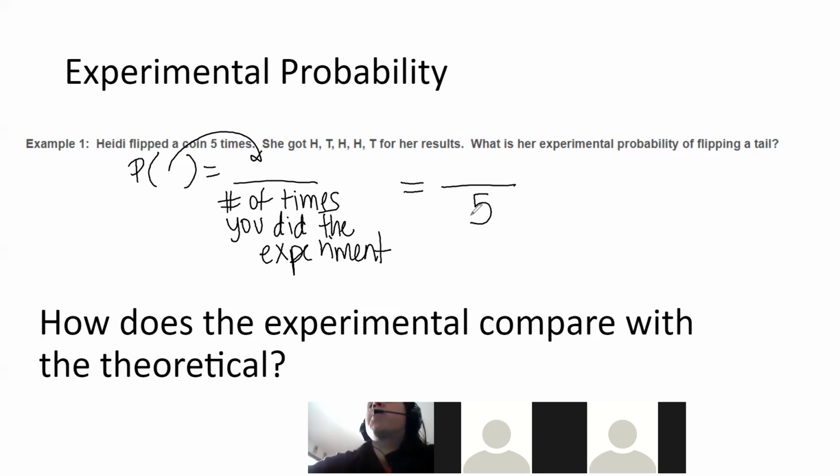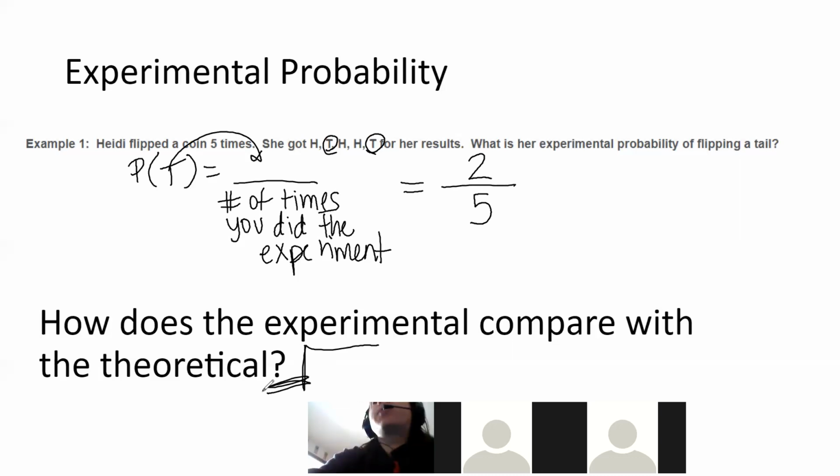What is her experimental probability of flipping a tail? So how many times in that experiment did she get tails? 2, yeah, there were 2 tails, 2 out of 5.